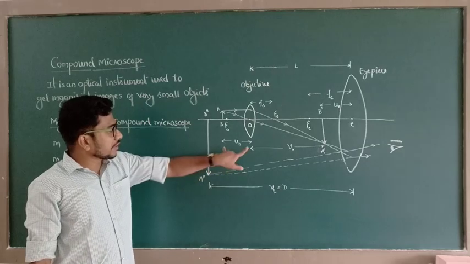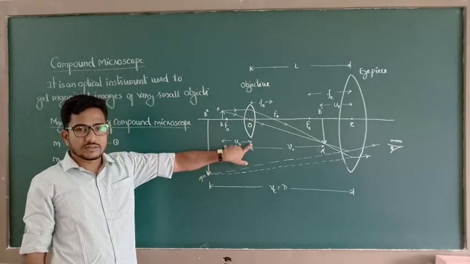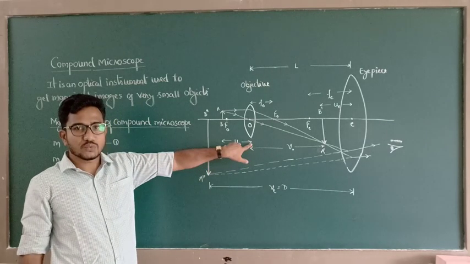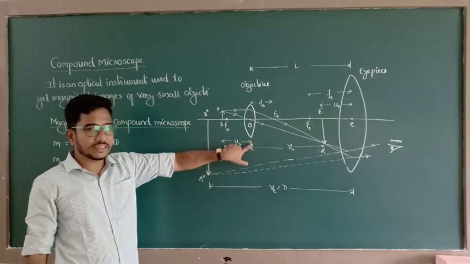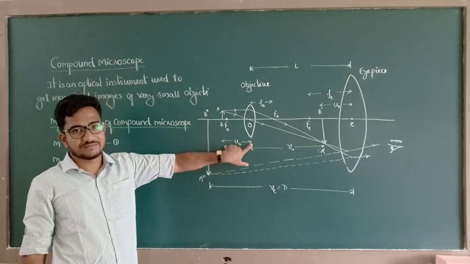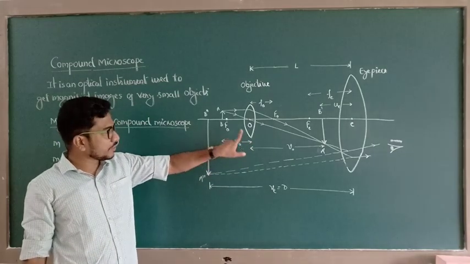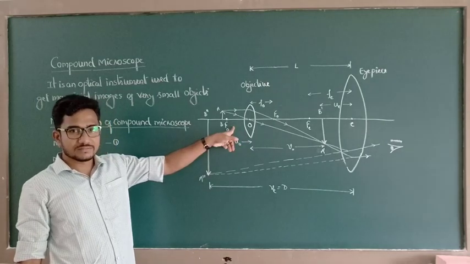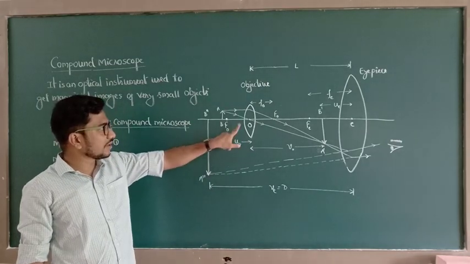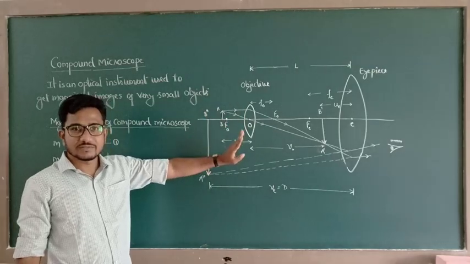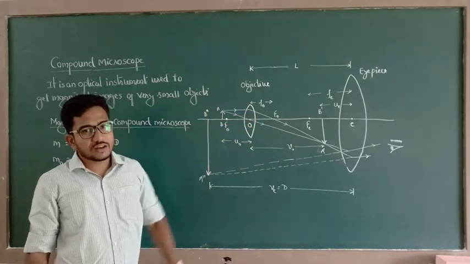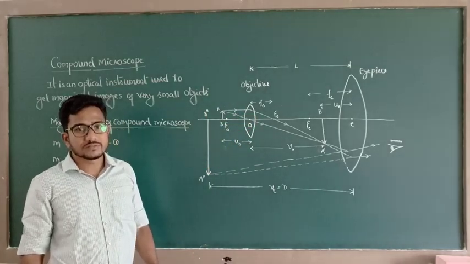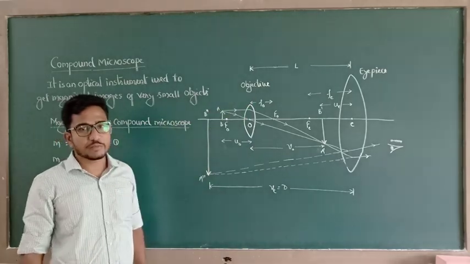So here particularly we don't know this distance. For that reason we are writing the equation in terms of known things. Here we know the focal length of the objective lens, and the length of the compound microscope. So we can say L is the length of the compound microscope.